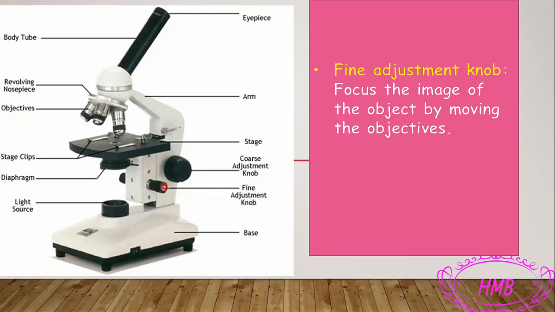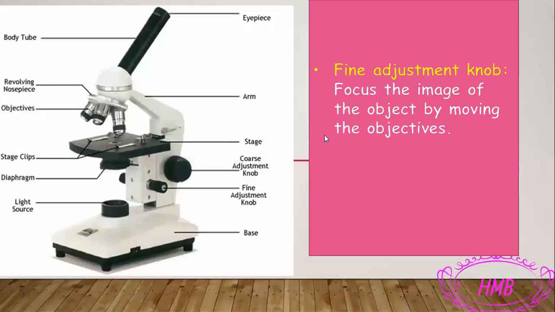From its name, adjustment means it controls the image of the object, so if I turn it left or right, the objective here will move, and it helps me to focus on the object that I want to see, and so I will see it more clearly. The fine adjustment knob is the one that allows me to see the object more clearly.